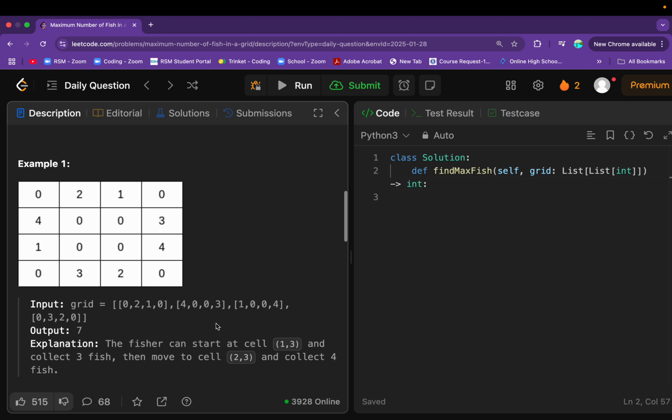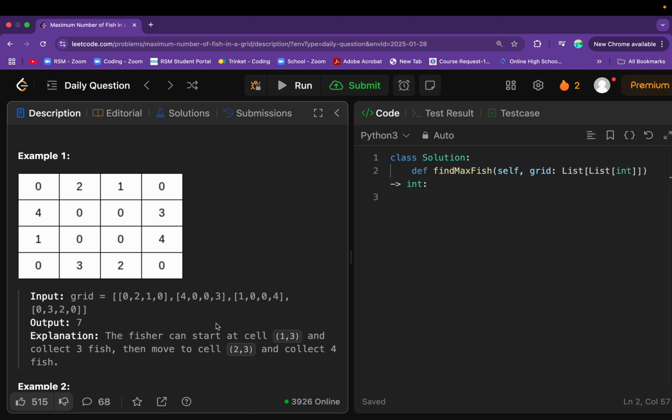So in example 1, we have a 4x4 input grid, and in this case, our output is 7. The reason why is because the most optimal cell to start from would be cell (1, 3), like coordinates x, y. After we collect 3 fish at (1, 3), we can then move to (2, 3), and then we can collect 4 fish.